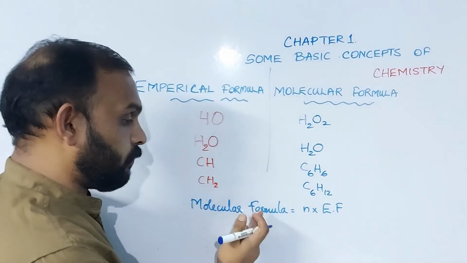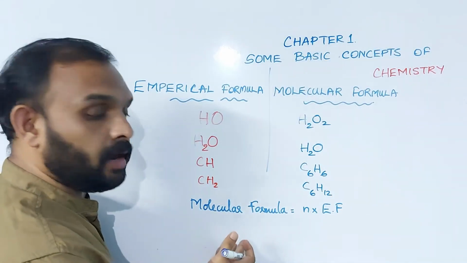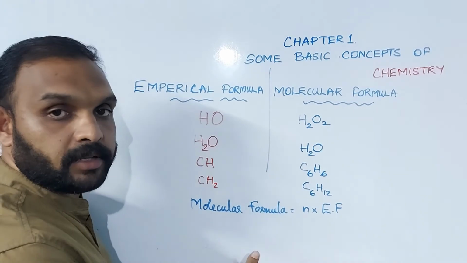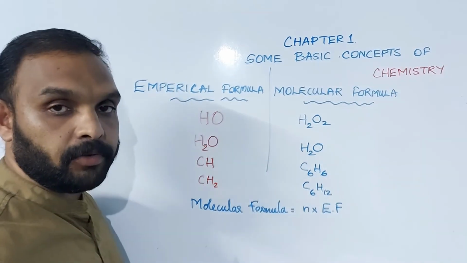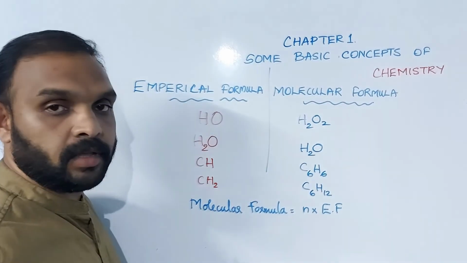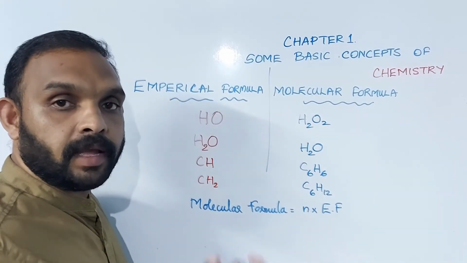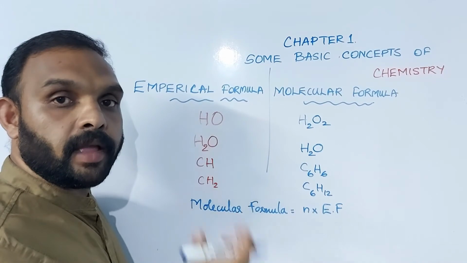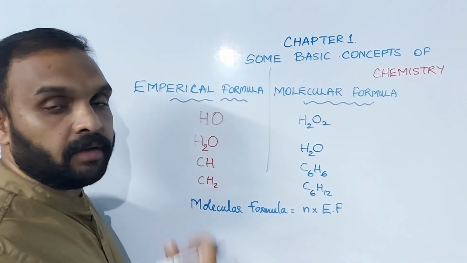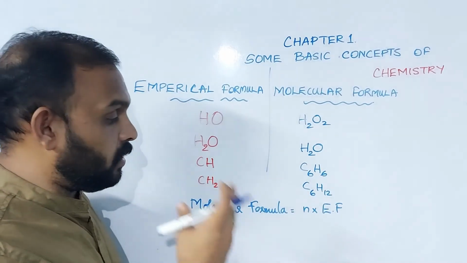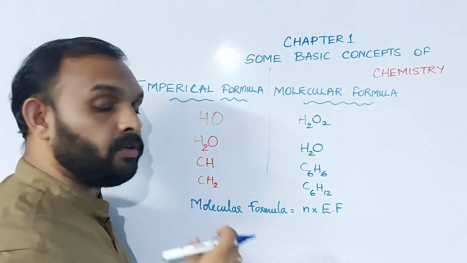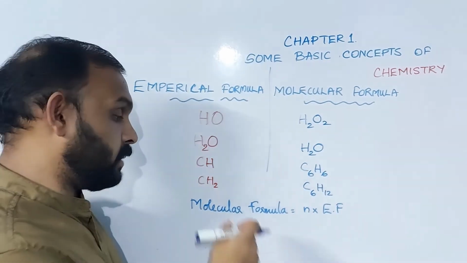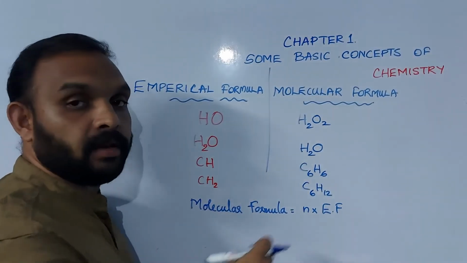From this we can develop molecular mass, or molar mass, is equal to n into empirical formula mass. What is meant by empirical formula mass? It is the mass of all the elements present in the empirical formula. Clear? So this formula we will use to find out either molecular formula or empirical formula.